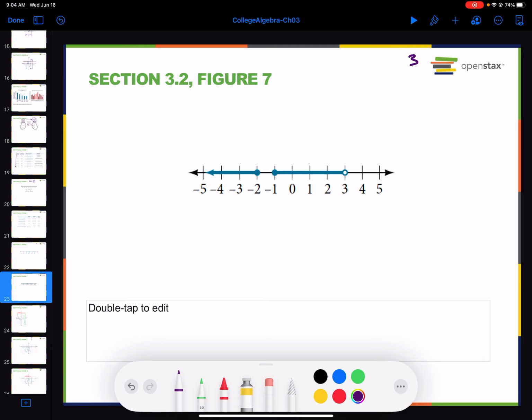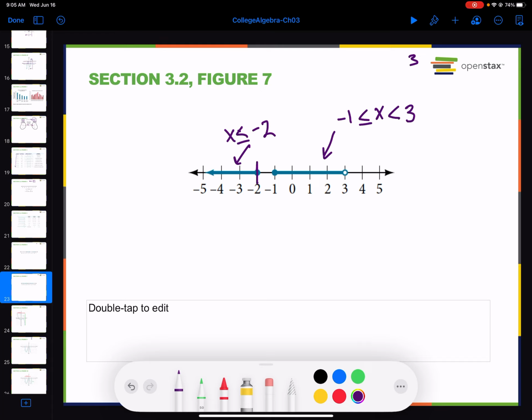So let's do this one as well. So here we've got our inequality notation, and it's saying that x is less than or equal to -2. And that covers this whole side. And then this one says that x is greater than or equal to -1 and less than 3.